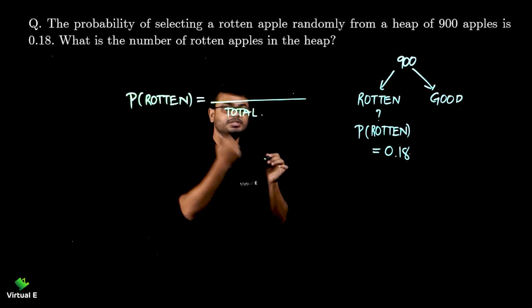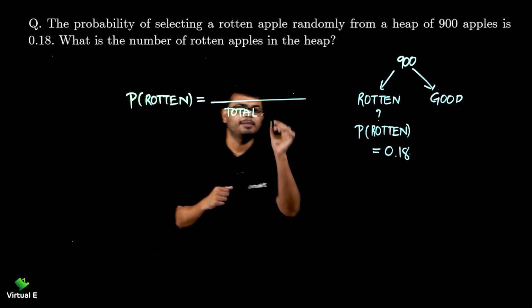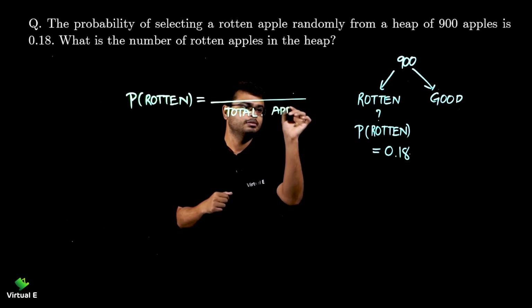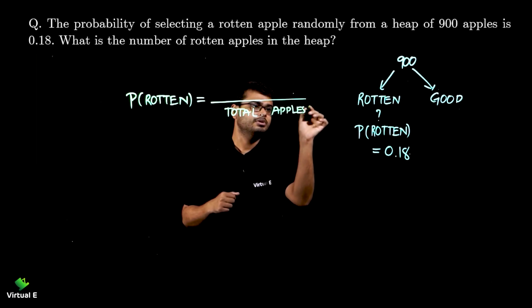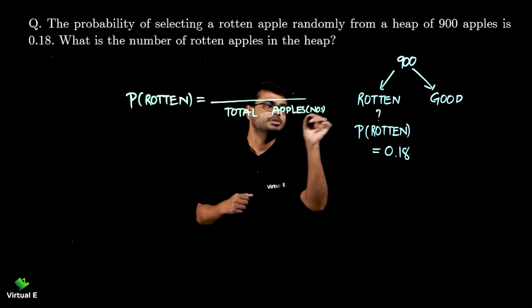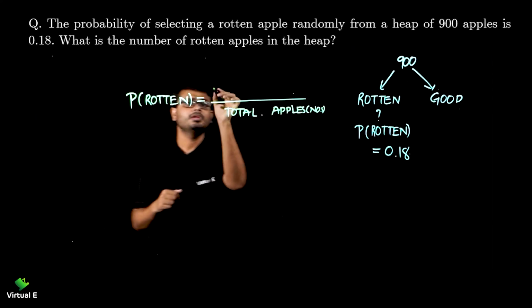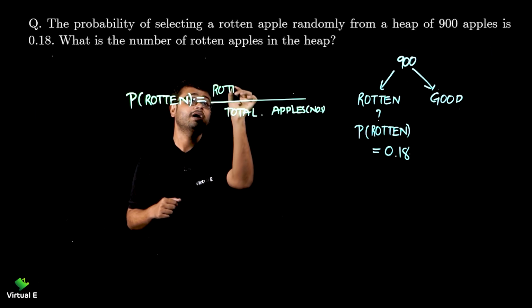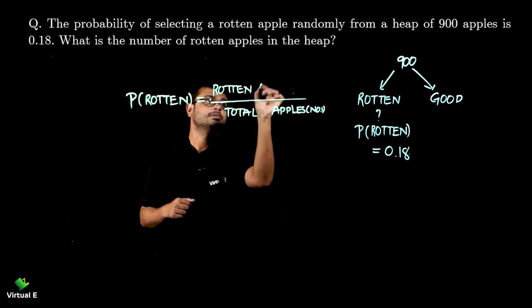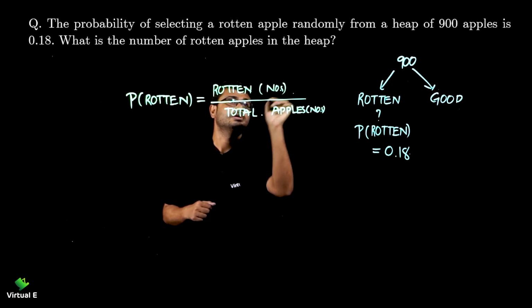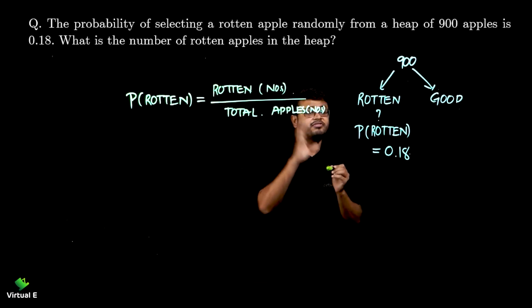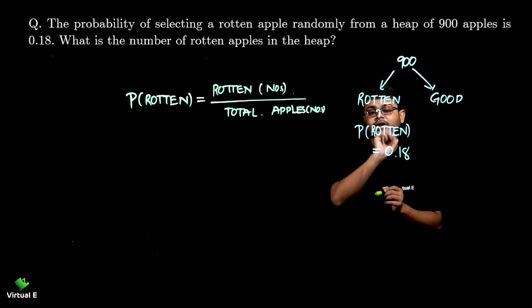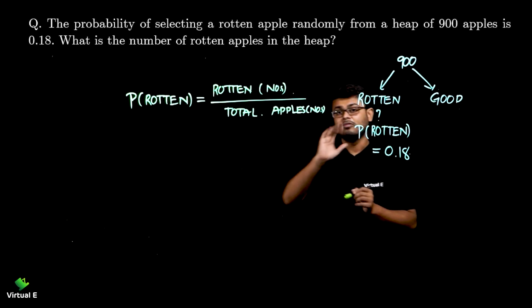Total outcomes. Instead of outcomes, I'm going to write apples, right? Total number of apples. And rotten apples, number.